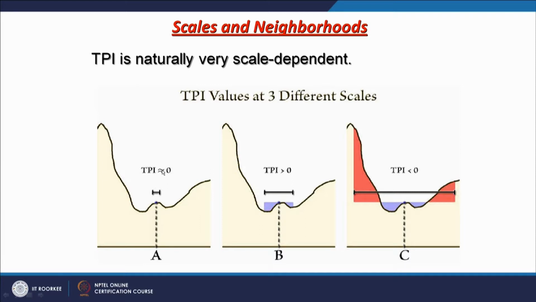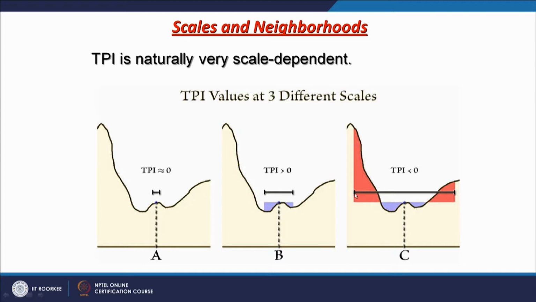And if the TPI is near about 0, then we are on the hilltop, but TPI is a little greater than 0 when the scale has changed, so we are not really on the hilltop. Now we are in the valley bottom. So it has given a completely different interpretation as the scale has changed.